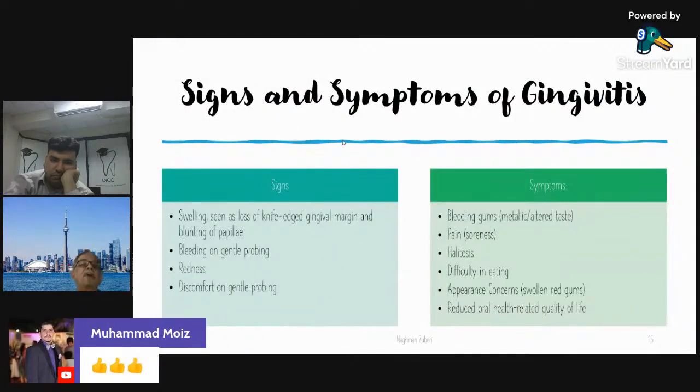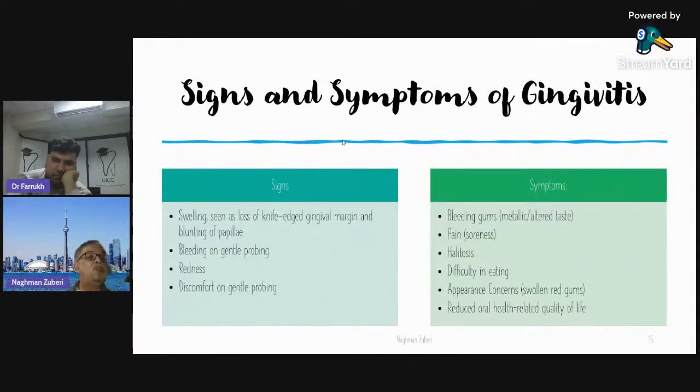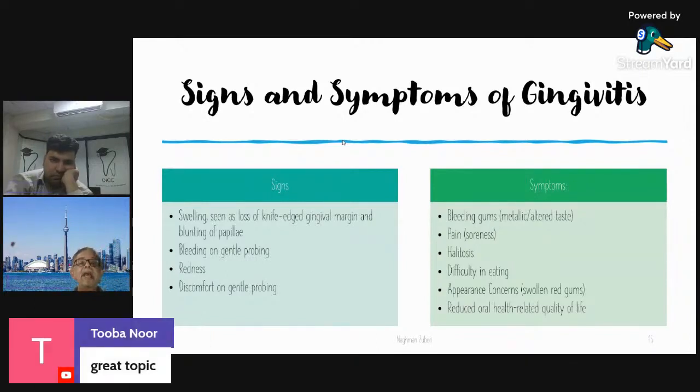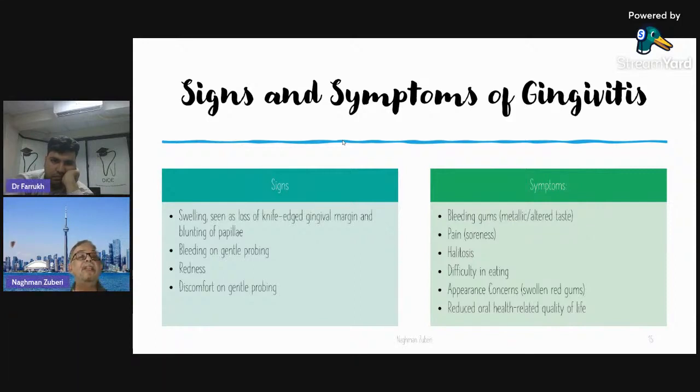Signs and symptoms of gingivitis. Swelling, we are talking about signs. Swelling, seen as loss of the knife edge gingival margin, and there will be blunting of the papillae. Papillae will appear as rounded now. Bleeding on gentle probing, redness and discomfort on gentle probing.